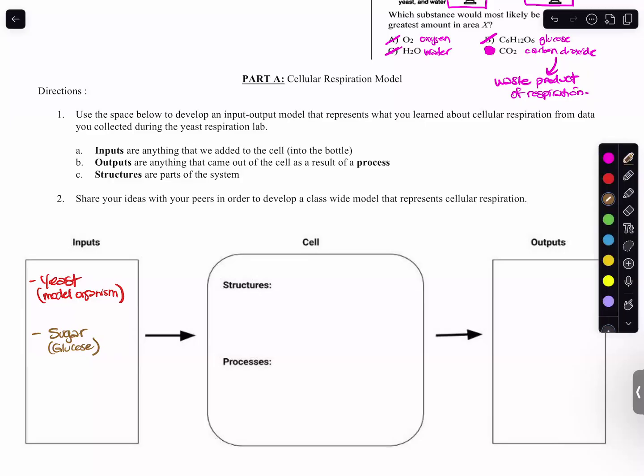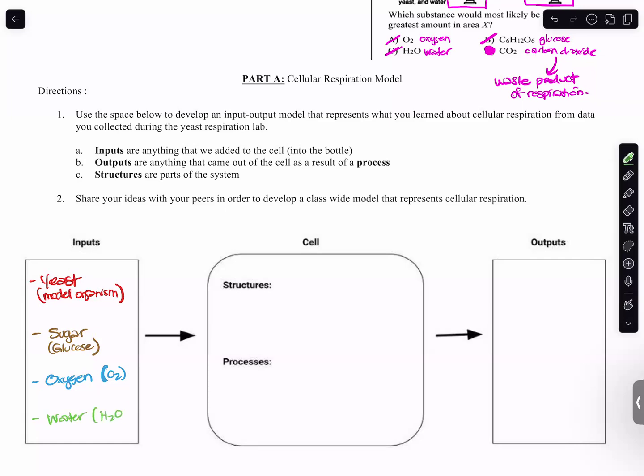Even though we didn't pump oxygen into the bottle, we know that oxygen is constantly entering the bottle. So we have oxygen, which is O2. And then we also have water, which is H2O. We added in that warm water. Those were our inputs into our bottle, so to speak.